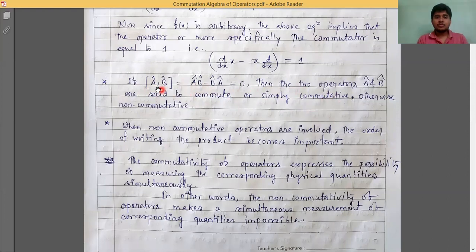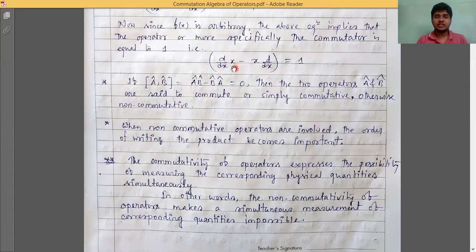Okay, so when the commutator has zero value, we call the operators commutative to each other, or simply say they commute. But whenever we get a non-zero value, we say the operators are non-commutative. As you can see in the last example, we have d/dx x minus x d/dx.